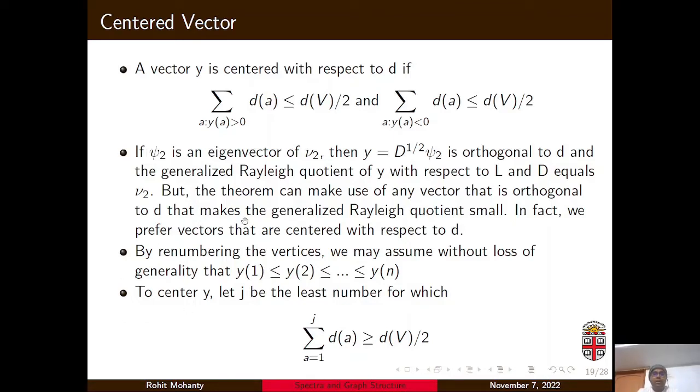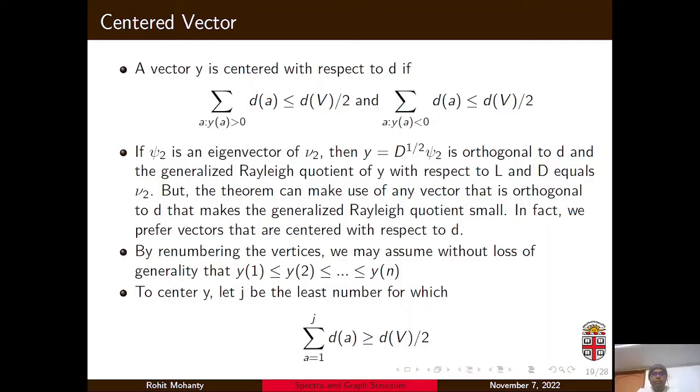Now if psi2 is an eigenvector of nu2, then y equal to d to the power 1 by 2 psi2 is orthogonal to D and the generalized Rayleigh quotient of y with respect to L and D equals nu2. But the theorem can make use of any vector that is orthogonal to D that makes the generalized Rayleigh quotient small.